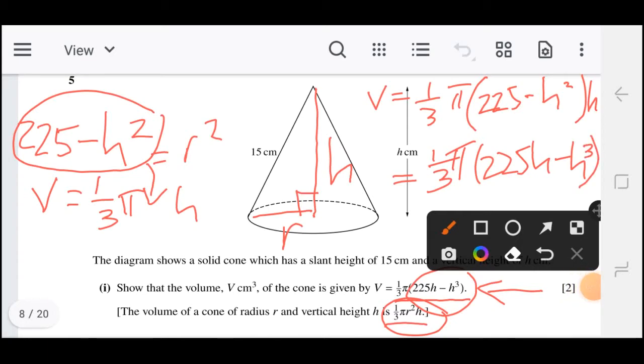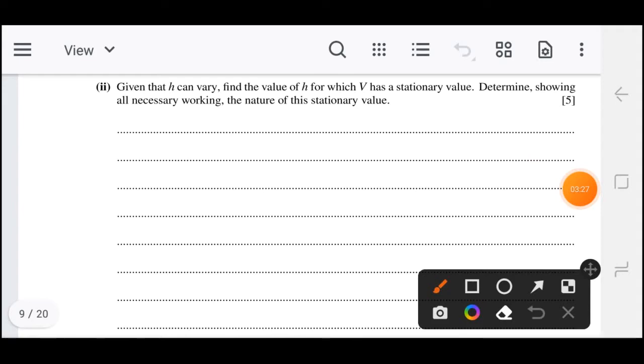That's how we arrive at that formula there. Given that h can vary, find the value of h for which V has a stationary value.